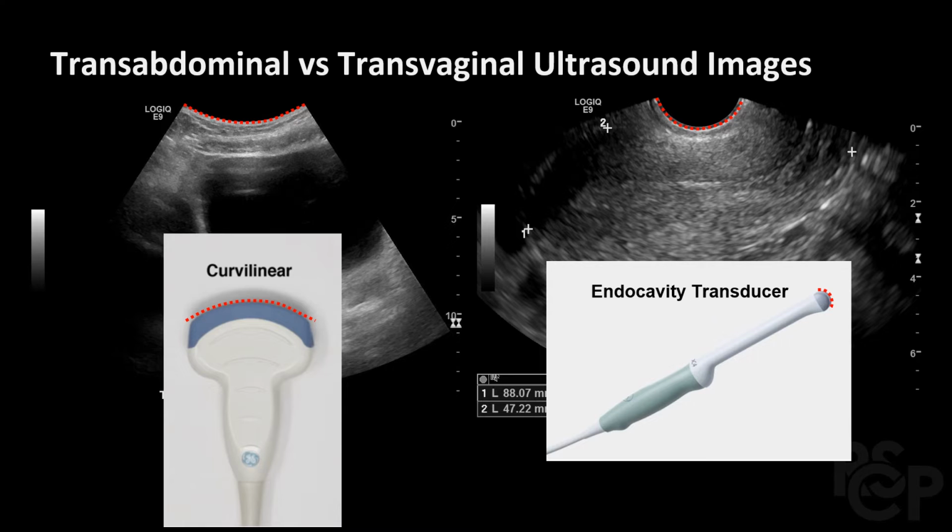Looking at the image on the left, the wider curvature, in other words, the curvature corresponding to a larger radius, corresponds with the curvilinear probe, which is depicted on the bottom left of the screen. For the image on the right, we see a smaller curvature corresponding to a smaller radius. This fits the curvature we see on the endocavity transducer, which is used for transvaginal ultrasounds.